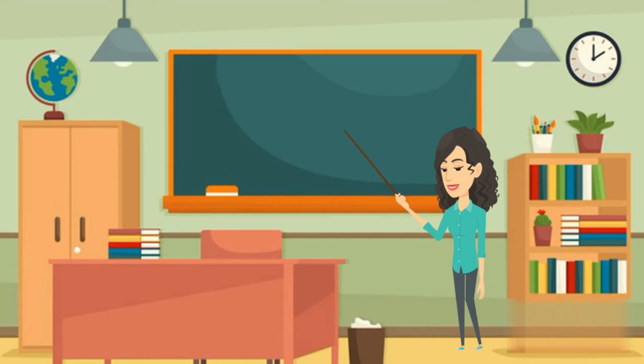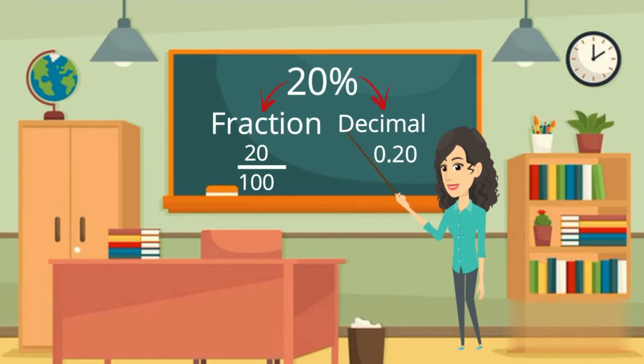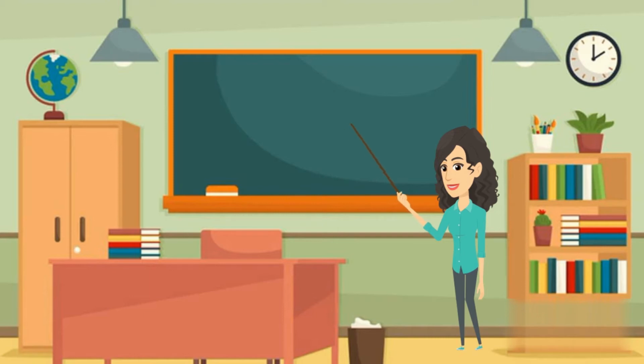Now let's see another way of solving the problem. We know that a percentage can be written as a fraction, but also as a decimal number. So 20% can be written as 20 over 100, but also 0.20. Let's see how we can solve the problem using the decimal number. We need to find 20% of 10.